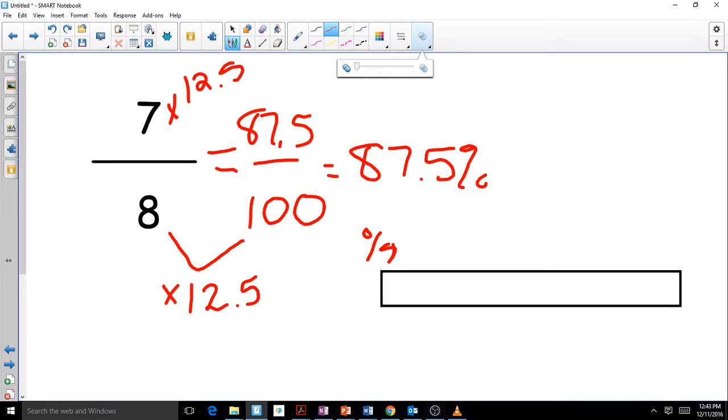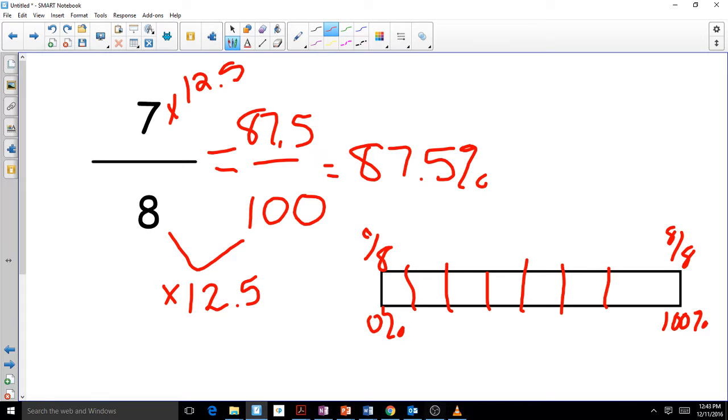Classic Miss Gallegos. Does not look like an 8 at all. So I know that this is going to be 0 8s. Then I also know that this is going to be 8 8s. 0 8s is 0%. 8/8 is 100%. And so that means I have 1/8, 2/8, 3/8, 4/8, 5/8, 6/8, 7/8.